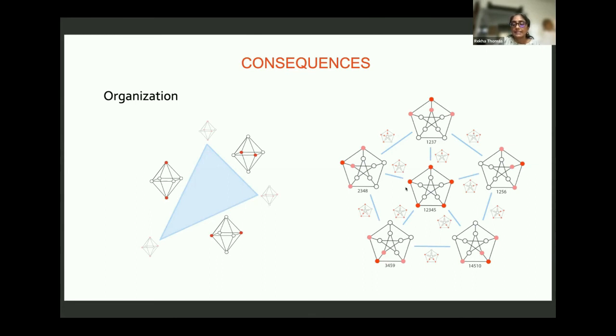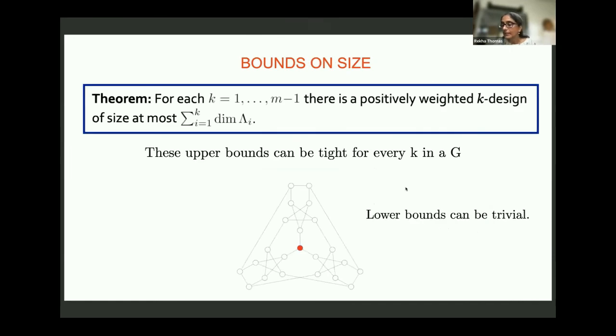Okay, so that's the main theorem. And one of the consequences of this theorem is that it shows you that for every value of K from 1 to m minus 1, there is a positively weighted K design whose size is at most the sum of the dimensions of the eigenspaces that you want to average. The reason is very simple, because we just saw that if you're looking for a K design, then corresponding to it, there's a polytope.